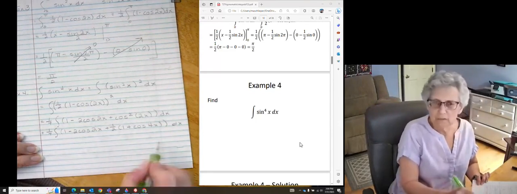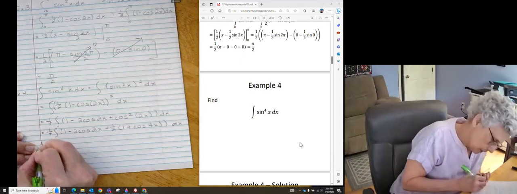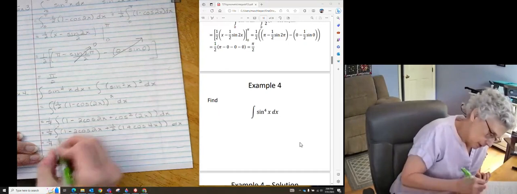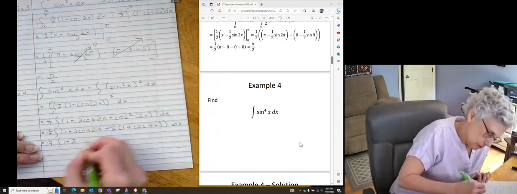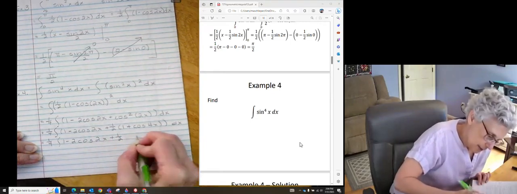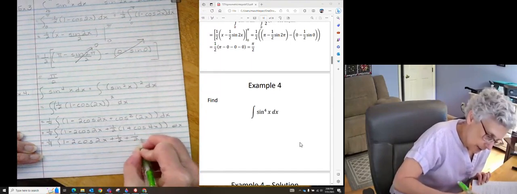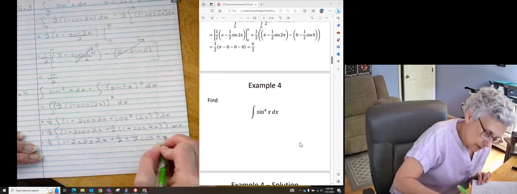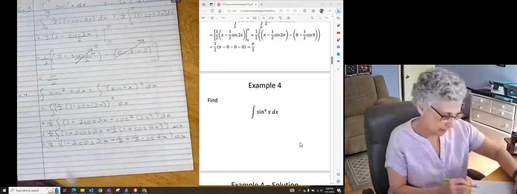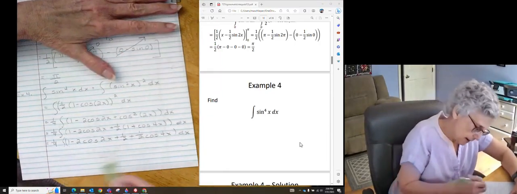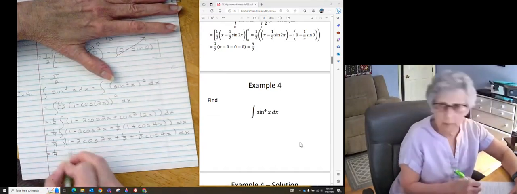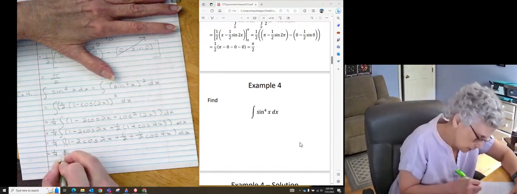So we can do some arithmetic. We have 1/4 integral of 1 minus 2 cosine 2x plus 1/2 plus 1/2 cosine of 4x. Then I have 1 plus 1/2. It's 3/2.